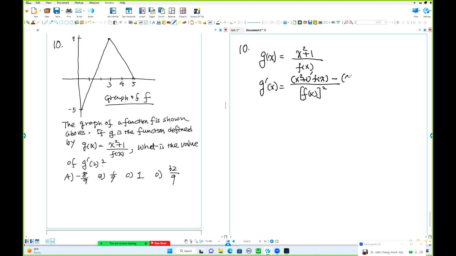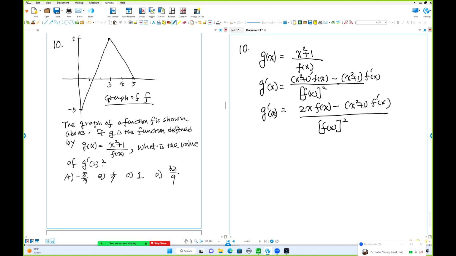Second, minus, don't touch the first one, times the derivative of the denominator, f prime of x. That's it, right? Now simplify. The derivative of x squared plus 1 is 2x, so it's 2x times f of x, minus x squared plus 1, same as before, times f prime of x, over f of x squared. That is g prime of x. I'm going to write it down.